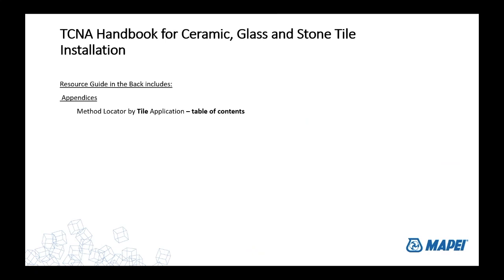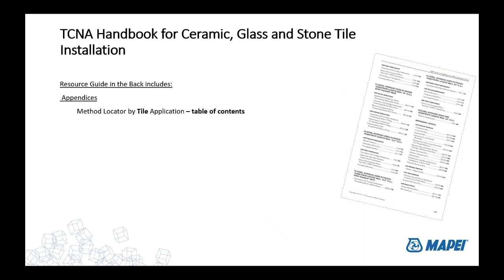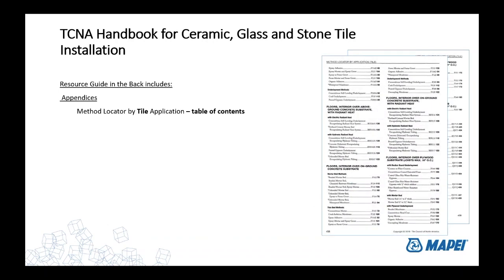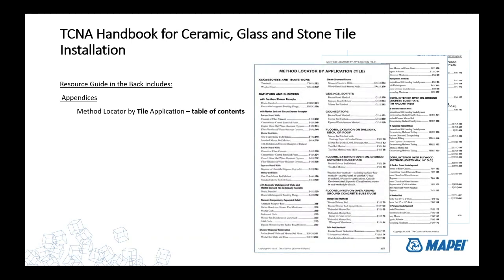The resource guide in the back also includes appendices, method locator by tile application. So for instance, you're looking for, in this case, floors interior over plywood with 16 inches on center. You can look in the very back and it'll actually tell you the method number and page. And it's got multiple pages because there are quite a few applications. Really a helpful tool to know about.